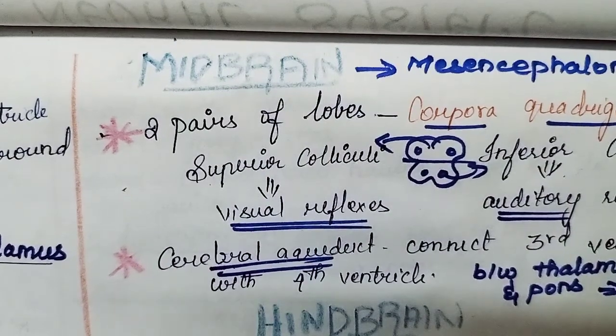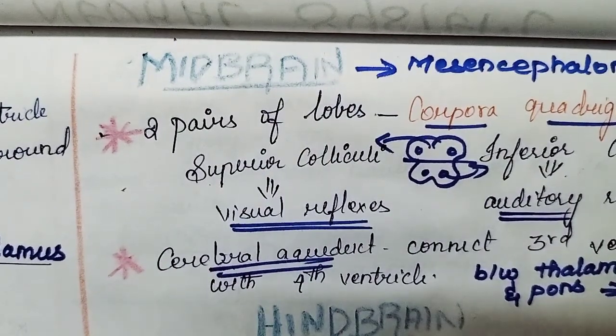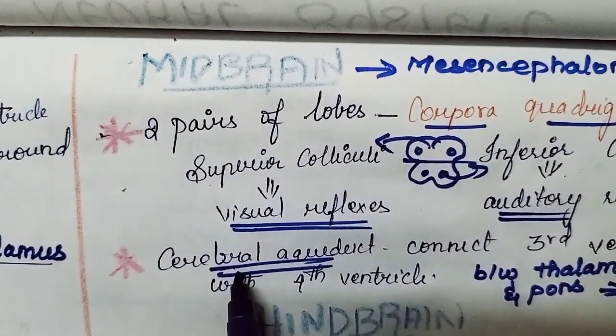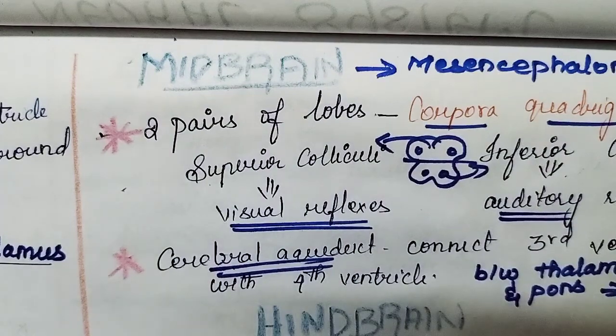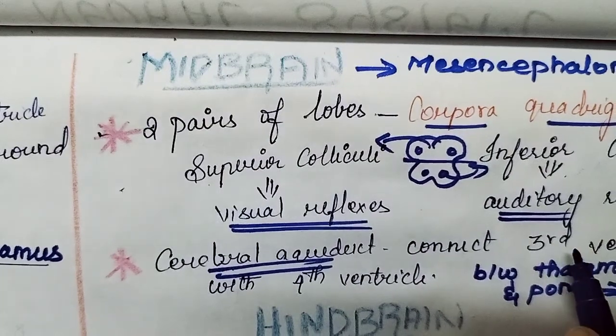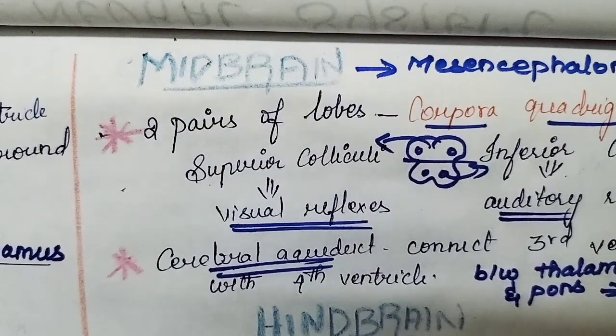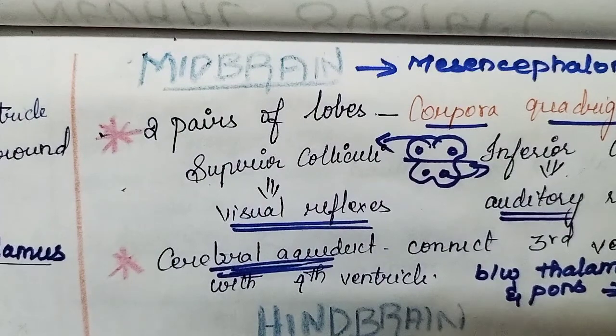It connects the third ventricle with the fourth ventricle. Which part of the brain connects the third ventricle with the fourth ventricle? The cerebral aqueduct.